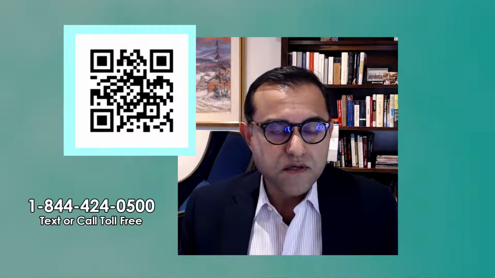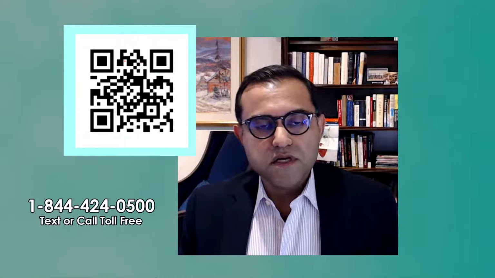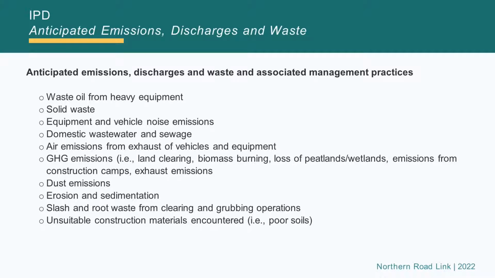Similarly, with air emissions from exhaust of vehicles and equipment during construction and operation, most projects would talk about decommissioning as well. With the Northern Road Link, we don't anticipate decommissioning in the foreseeable future. We think it'll be a permanent infrastructure piece in Martin Falls and 𝗬𝗶𝗁 traditional territory.